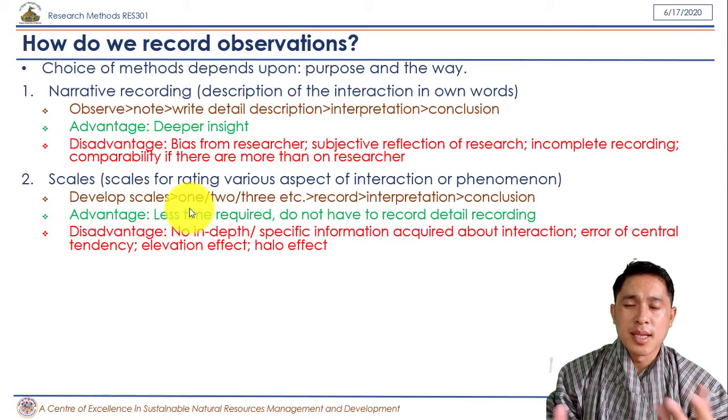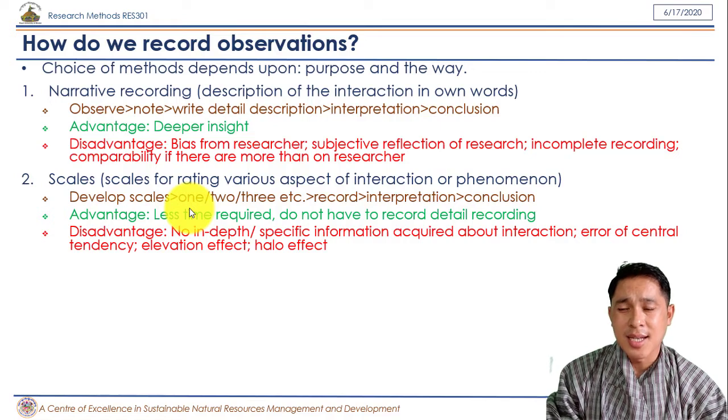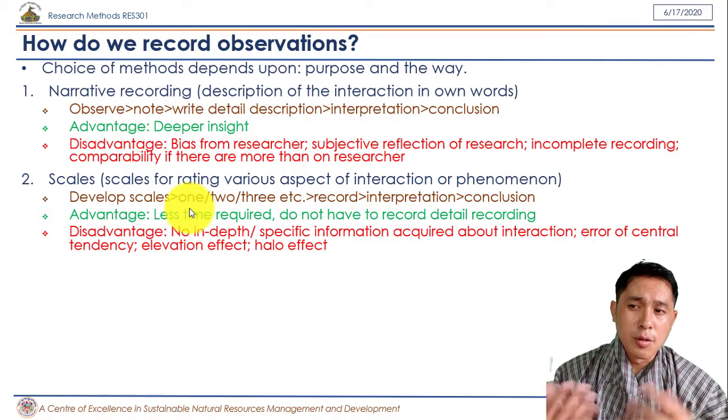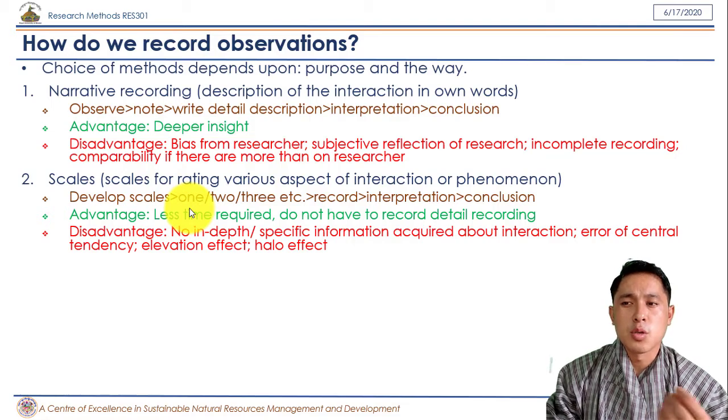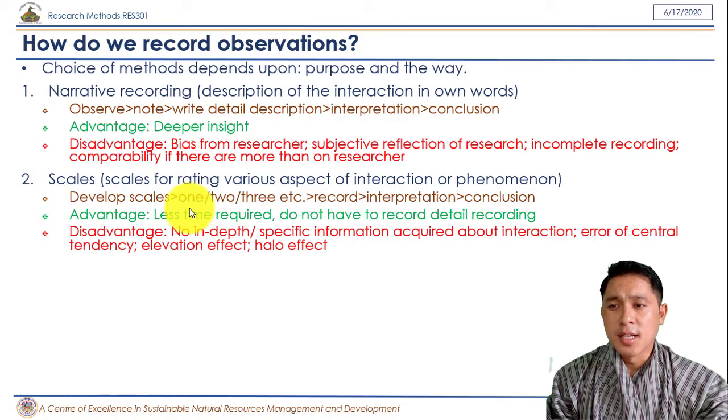So 1-dimensional can be just yes or no. 2-dimensional can be yes, just again yes or no. 3-dimensional can be agree, neutral, disagree. 4-dimensional can be agree, moderately agree, neutral, and disagree, or strongly disagree at the 5th dimension. Like that, then you can record based on that choice that you have, and interpret and conclude.